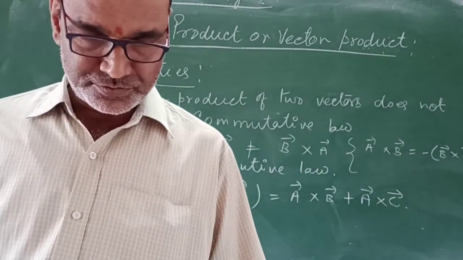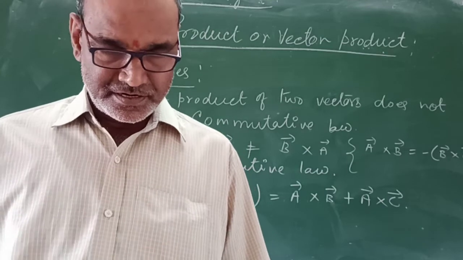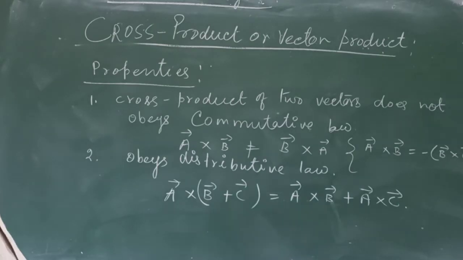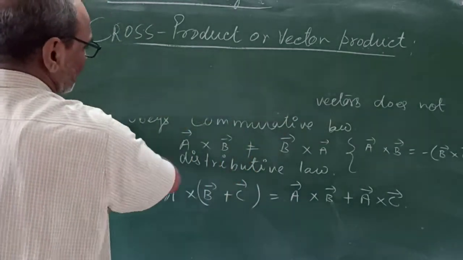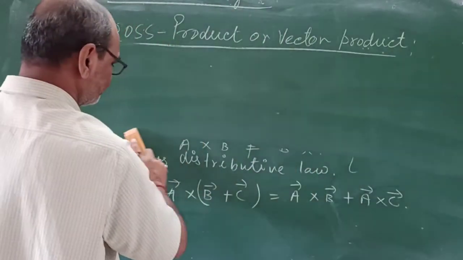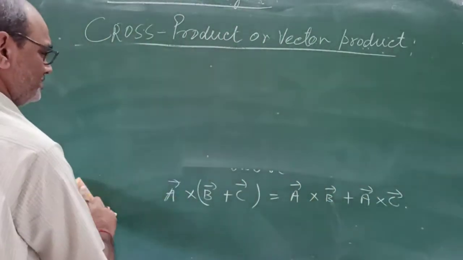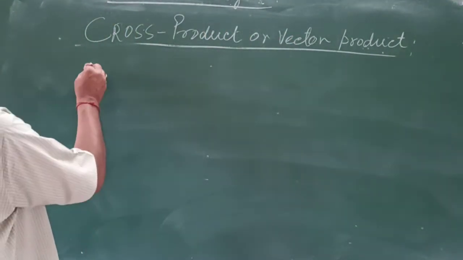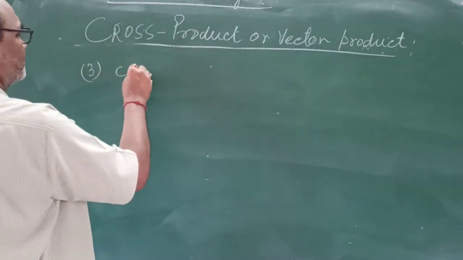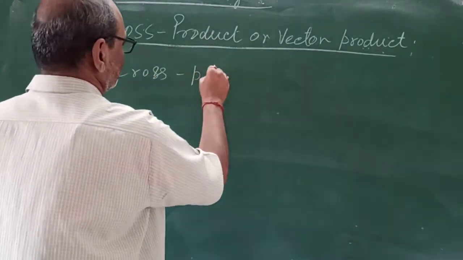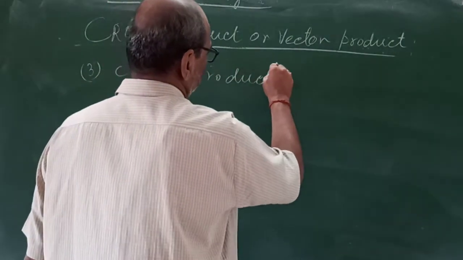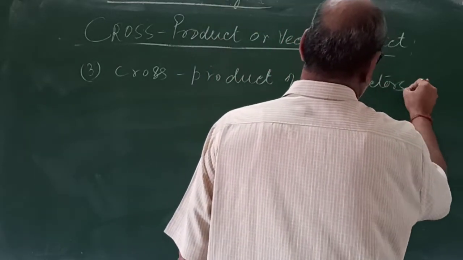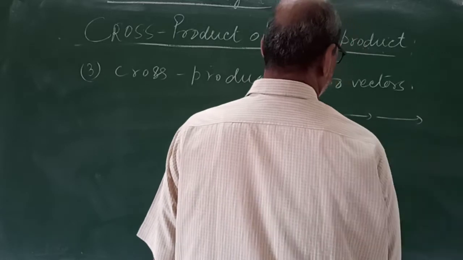Third one: the cross product of two parallel vectors gives the zero vector. Vector A and vector B are parallel to each other.